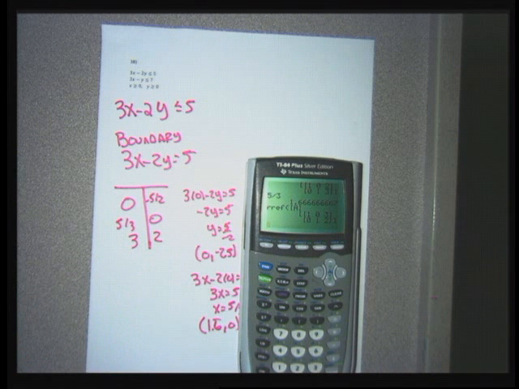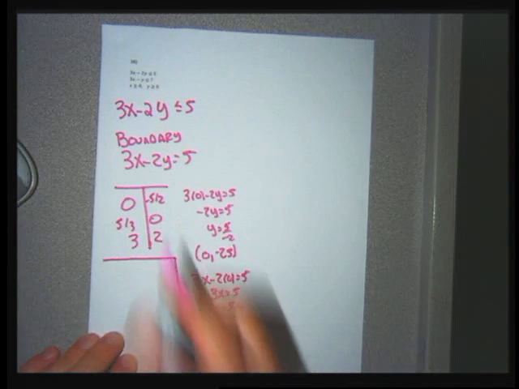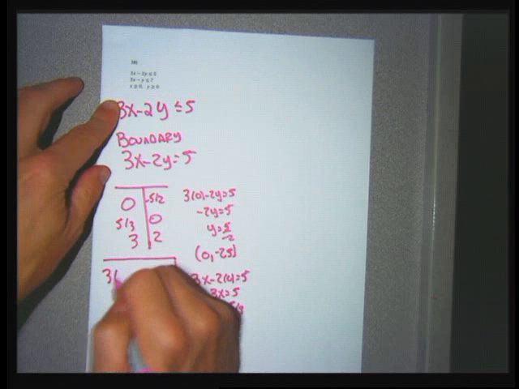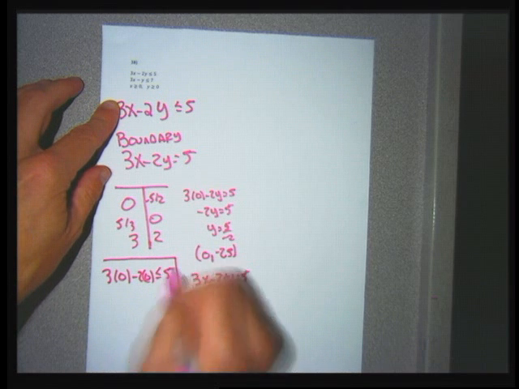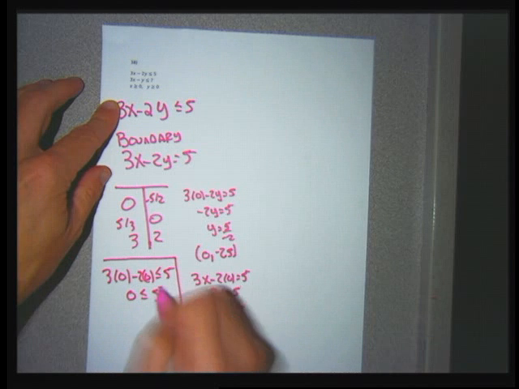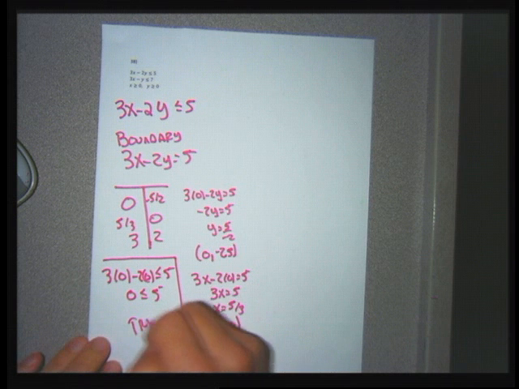So I'm going to graph those 3 points, get a nice solid line, and to figure out my shading, I'm going to see if 3 times 0 minus 2 times 0 is less than or equal to 5. This gives me 0 is less than or equal to 5, so my shading needs to go towards the (0, 0).